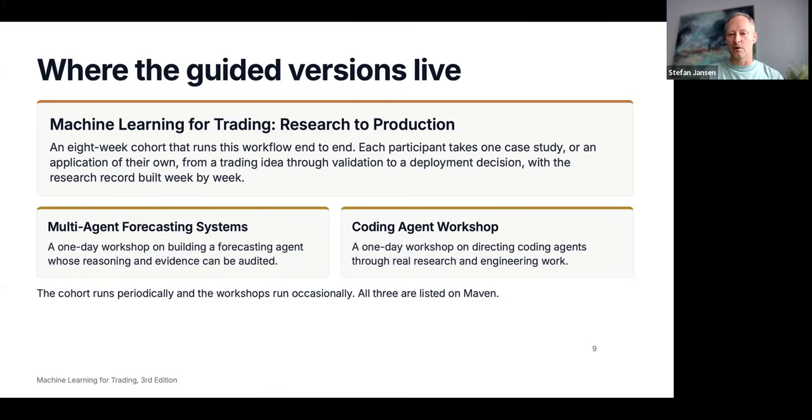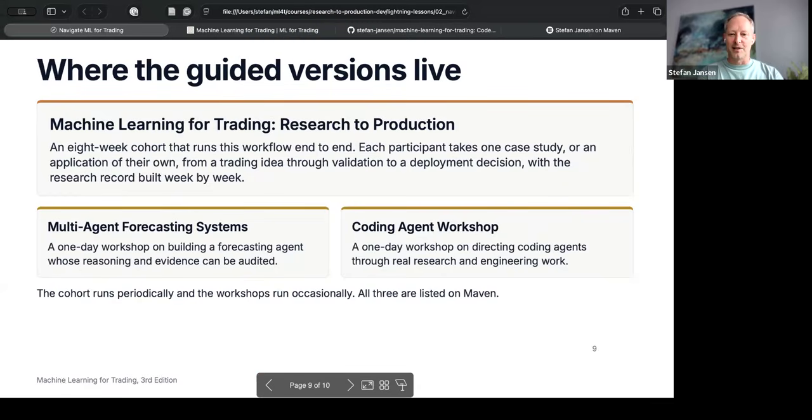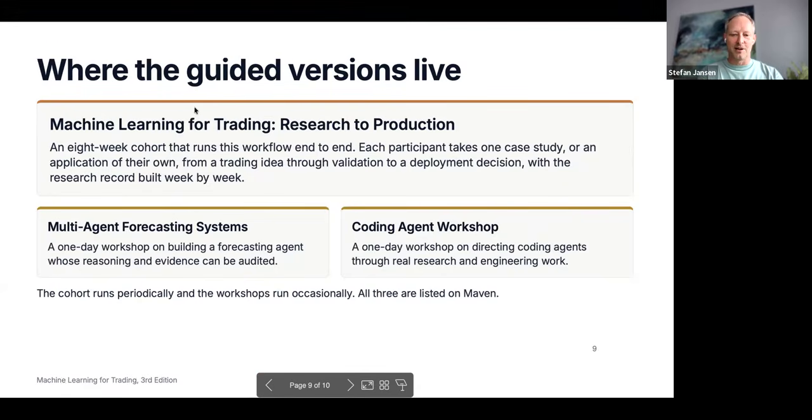We first take it apart and look at how it works, and then we build it all the way to live deployment in a single-day workshop. Of course, a shorter workshop is also available on how to work effectively with coding agents. That is really based on my personal experience, shaped over the last year through very extensive experience with coding agents, both good and bad. That's what we talk about in that workshop.